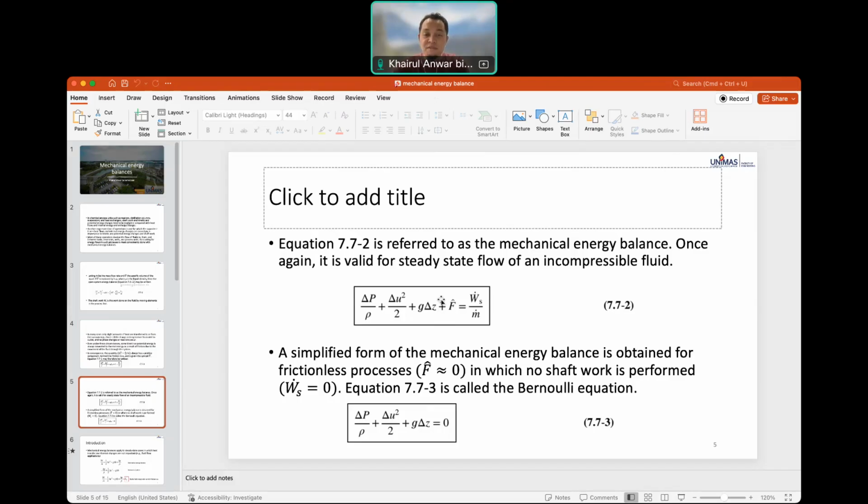This equation is called the Bernoulli equation. In the Bernoulli equation, you see there is no term for F, meaning it is a frictionless process, and there is 0 shaft work.